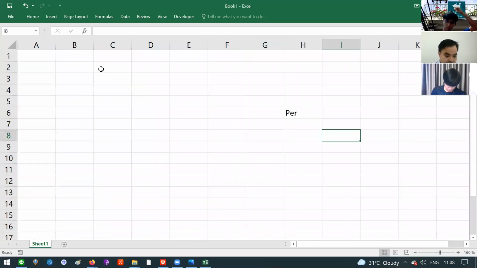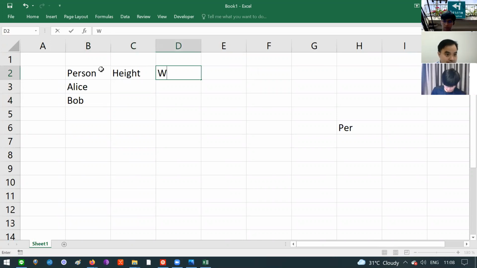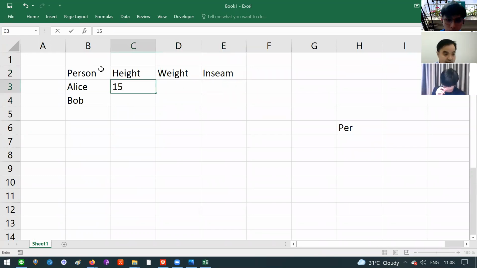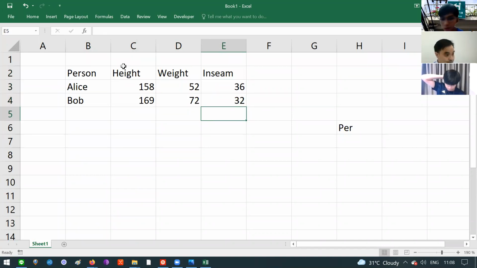So this is person, Alice, Bob, okay, height, weight, inseam, say whatever, right? So 158, 169, and 72, 32, okay, 36, 32. Now, you will notice something.